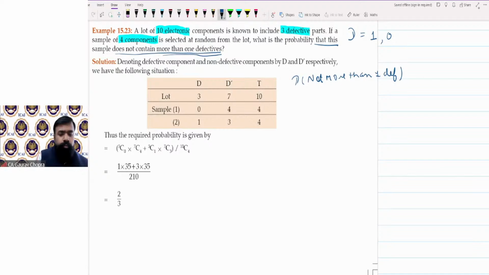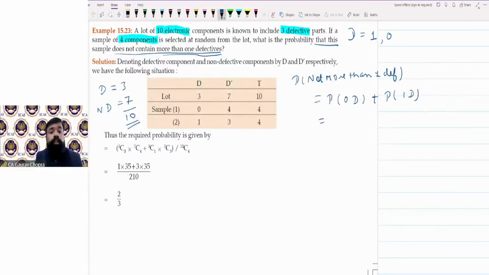So out of the total, defectives are 3 and non-defectives are 7. Therefore, there are 2 possibilities. One is one defect and second one is zero defect, right? Probability of zero defect plus probability of one defect.